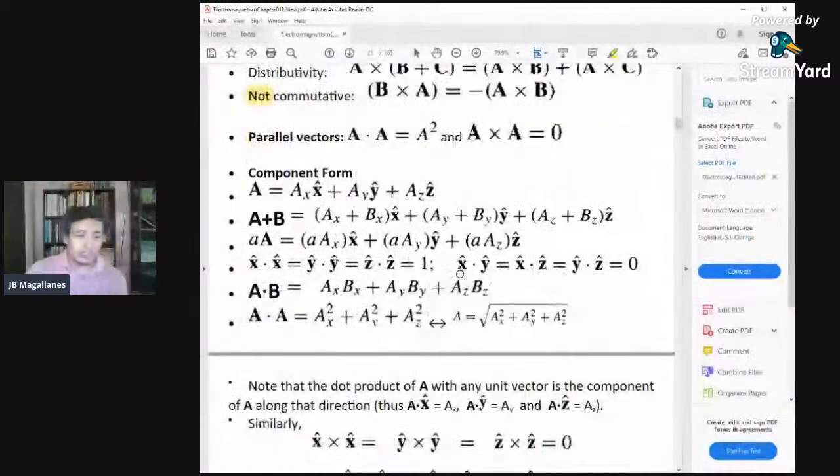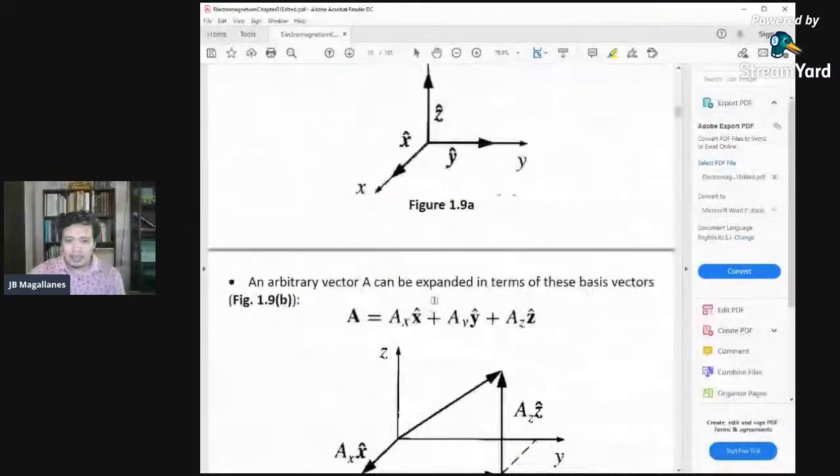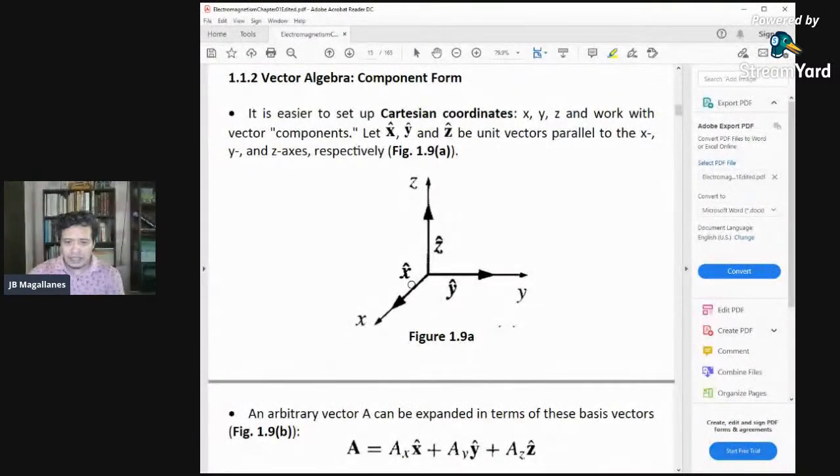Also in Cartesian coordinates, we learned that there are three axes. Let's look at that here. You have x in this direction and y in this direction. These are perpendicular.